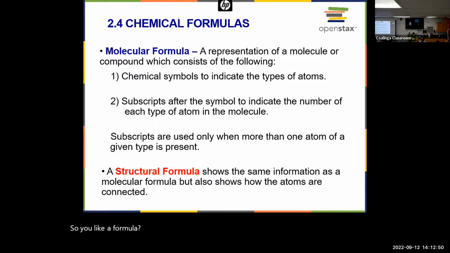So this here represents our molecular formula. This is the molecular formula for glucose. It can also be the molecular formula for fructose.